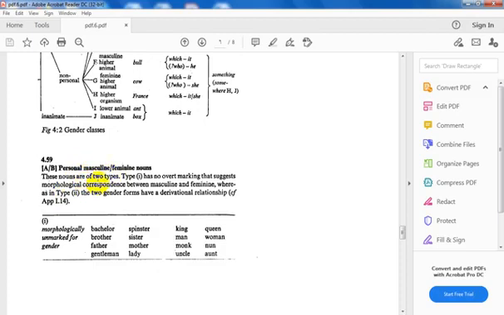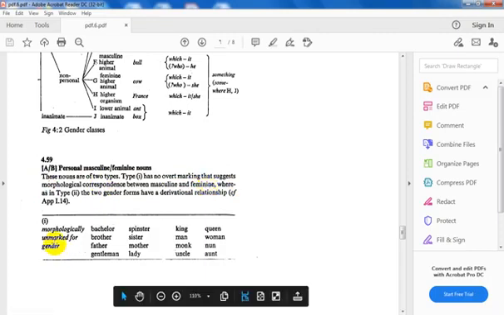These nouns are of two types. Type 1 has no overt marking that suggests morphological correspondence between masculine and feminine. This is called morphologically unmarked for gender.